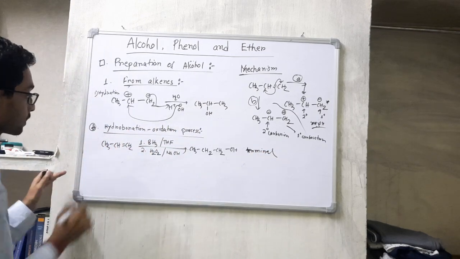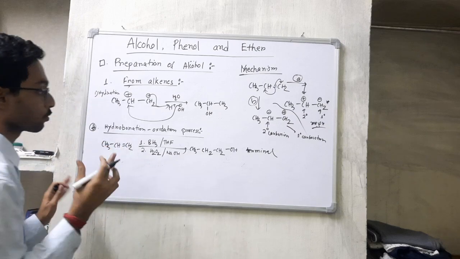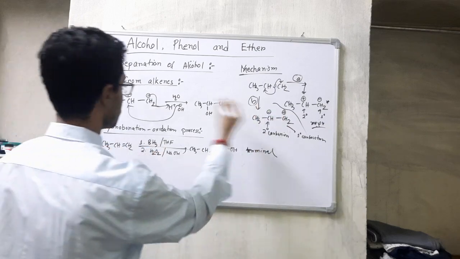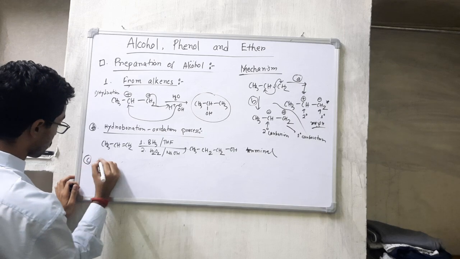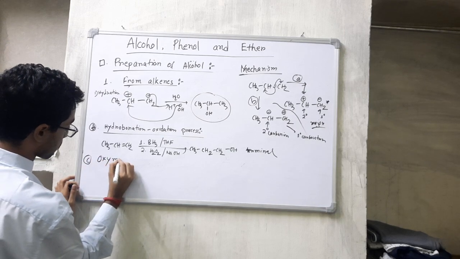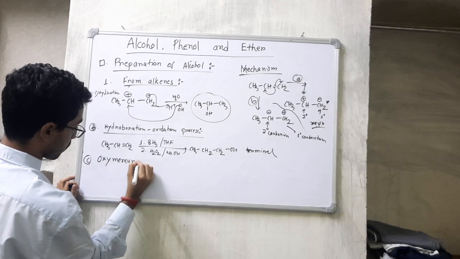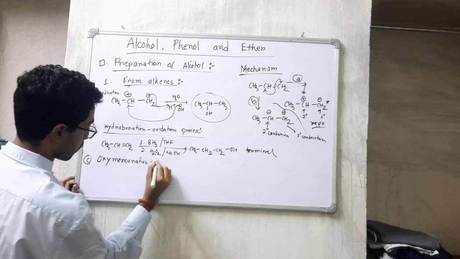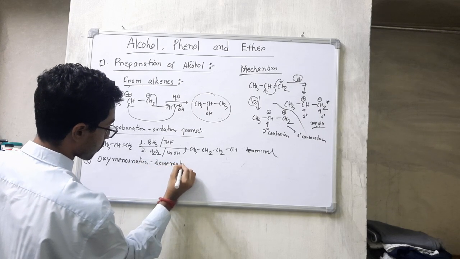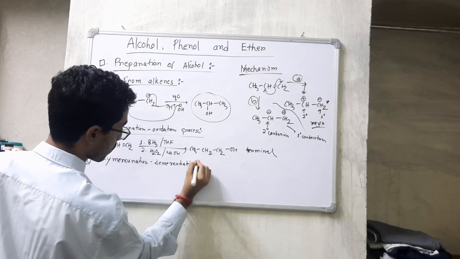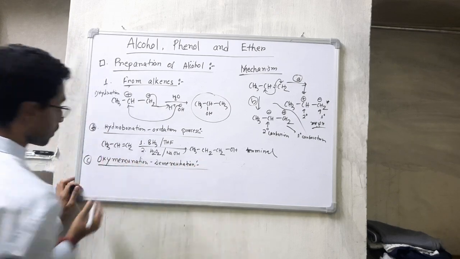Another process is there. How do we generate the non-terminal alcohol? This one is also generated by a process called oxymercuration-demercuration. What is the reagent?